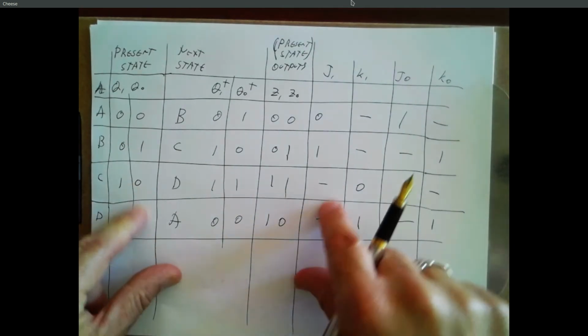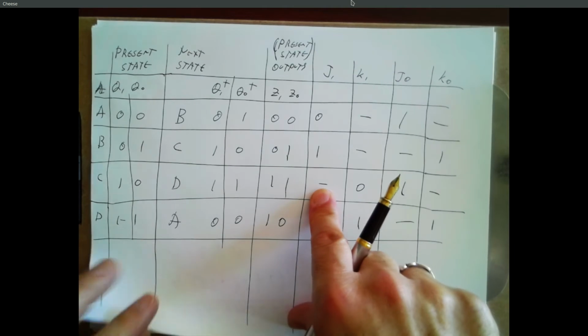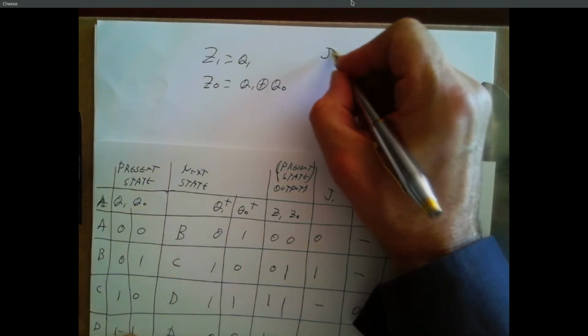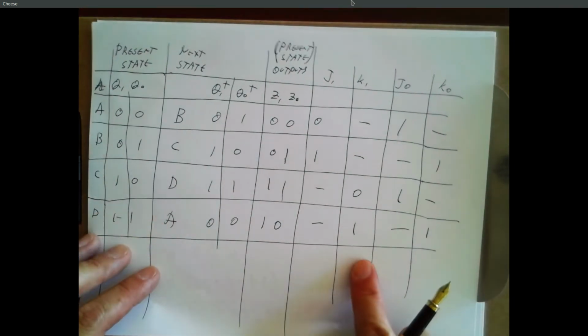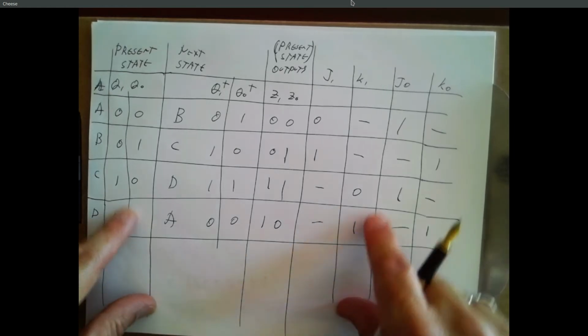This will be a 0 and a 1, but we don't care what these are. So J1 equals Q0 gets us that column. That's pretty cool. How about K1? Yeah, K1 can also be Q0 because there's your 1, there's your 0, and these we don't care about. So K1 is also Q0.